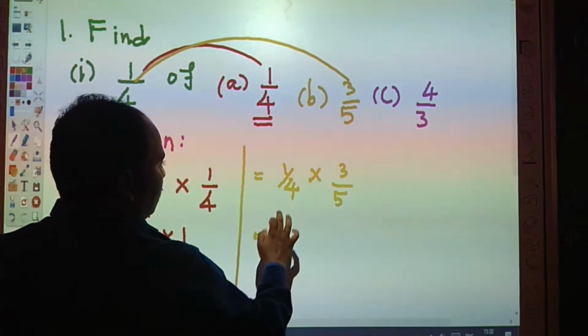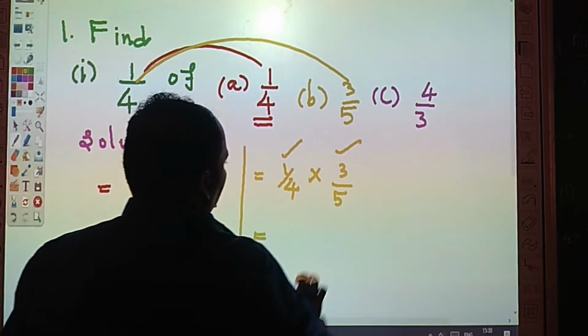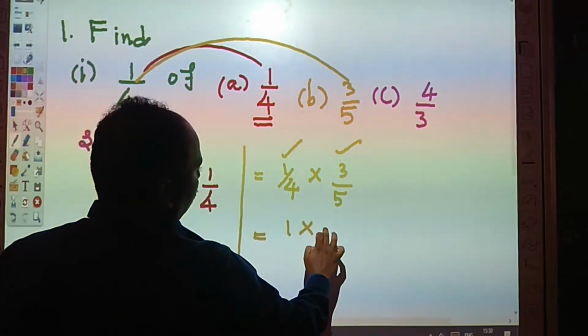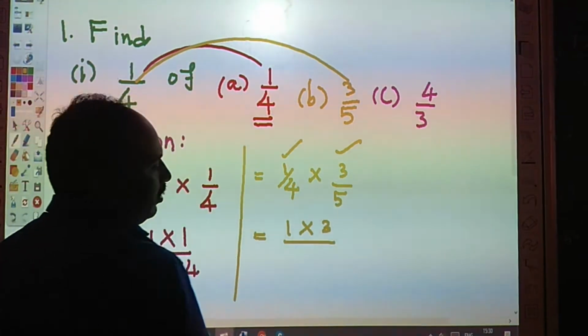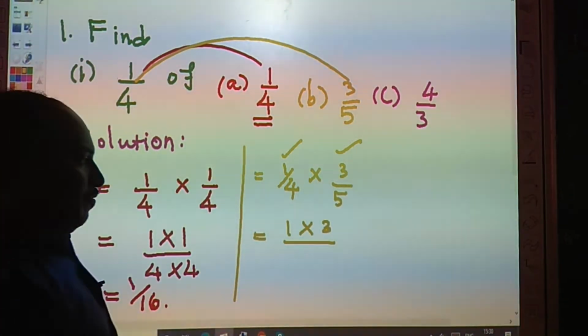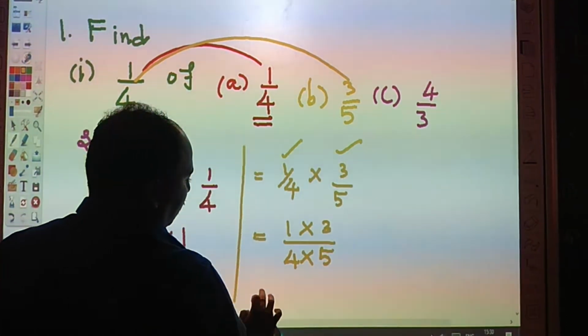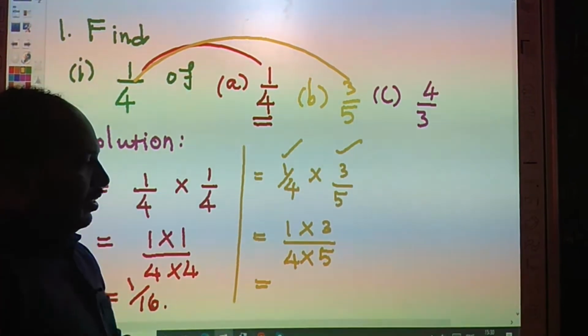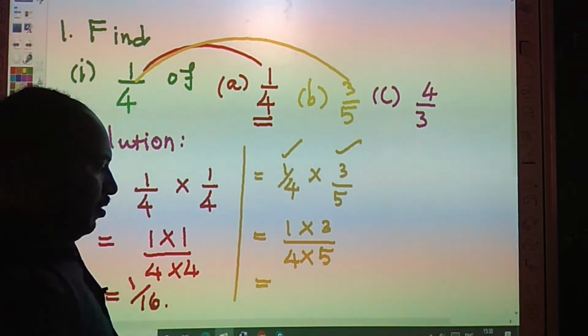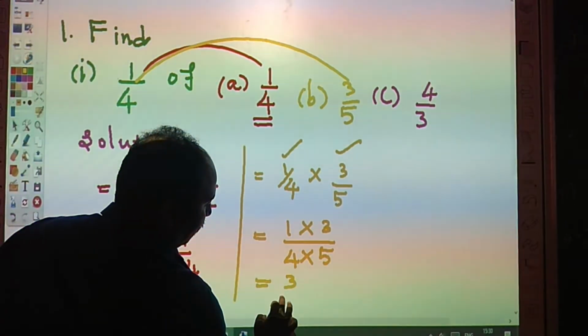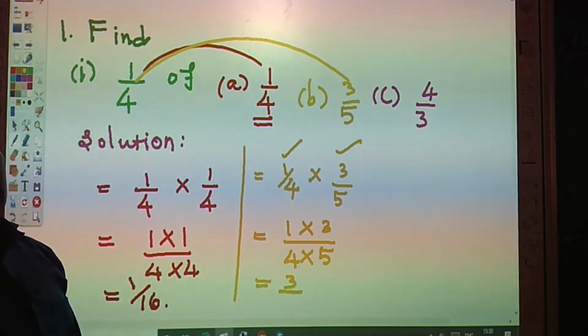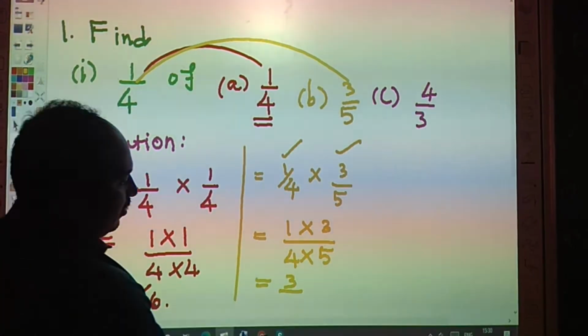Our numerator part is 1 and 3, so 1 into 3, then whole divided by 4 into 5, our denominator part. 1 into 3 is equal to 3, and 4 fives are 20.